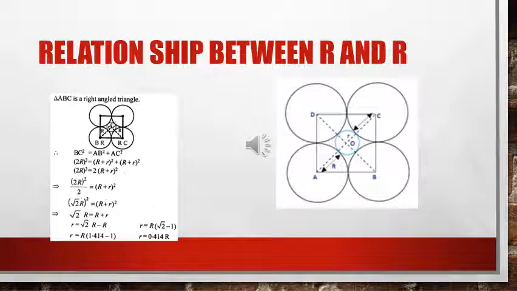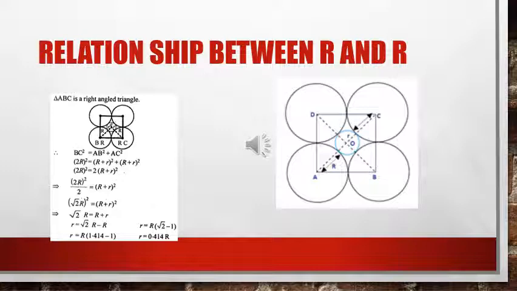What is the mathematical value of root 2? Root 2 is 1.414. So you can write small r is equal to capital R into 1.414 minus 1, which is nothing but 0.414 capital R.